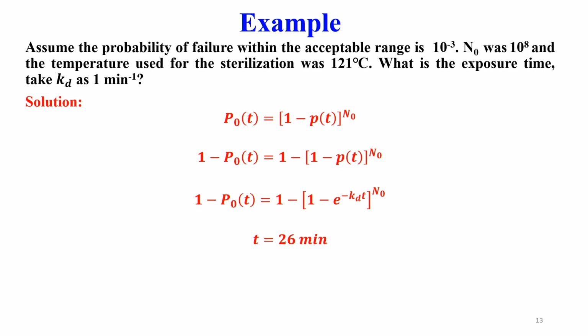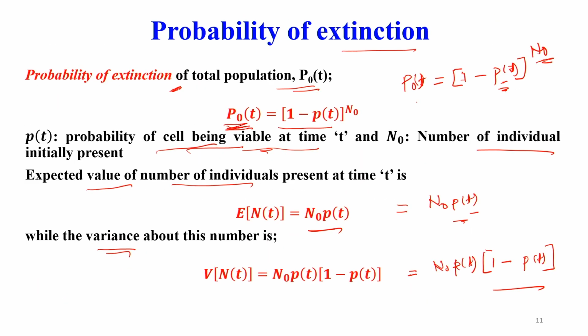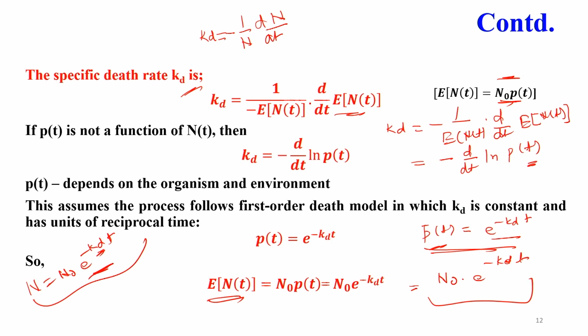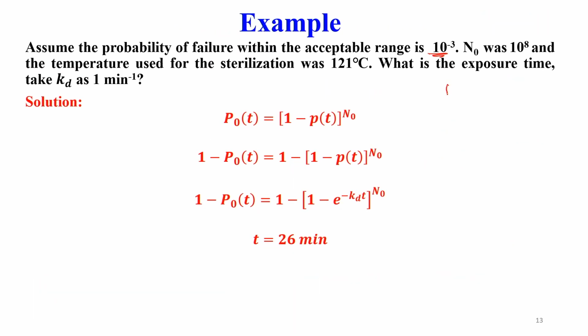Now, we will have one example, then it will be clear. It says assume the probability of failure within the acceptable range is 10 to the power minus 3. Now, just see, this is the probability of extinction, and it is saying probability of failure. So probability of failure will be 1 minus probability of extinction. N naught was 10 to the power 8 and sterilization temperature was 121 degree centigrade.